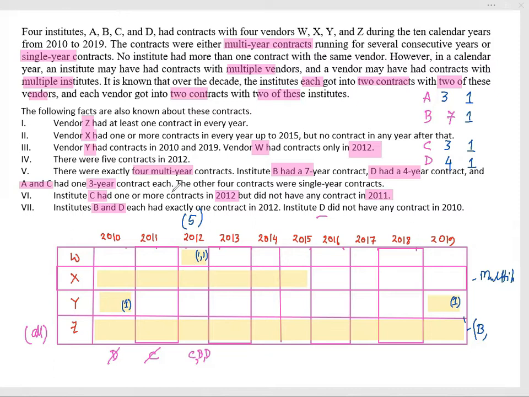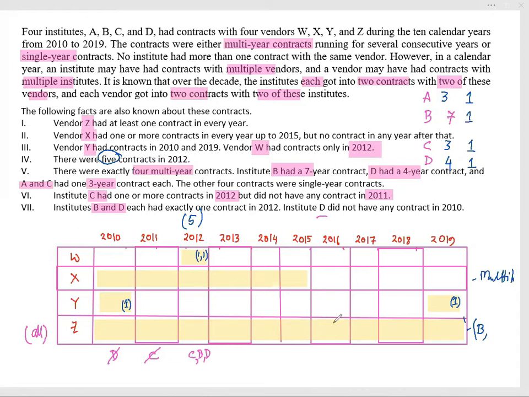Now in the year 2012, there were 5 contracts. This is very important. We can find in 2012, 2 contracts for W, 1 for X, 1 for Z. So there is another one, where can it be? If it is in Z, 2 multiple contracts need to overlap, but B, if it is going from Z, then overlapping will be 1, 2, 3, 4, 5, 6, 7.